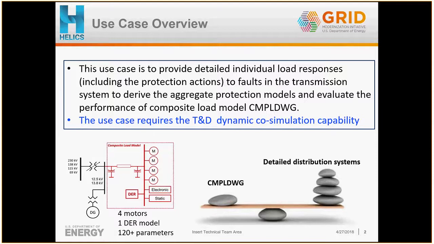This will help fill the gap of the existing lack of detailed measurement and knowledge about how the protection actually works at the individual load level in order to do this kind of aggregation. And as you will see, this case will require the TND dynamic code simulation capability in order to capture both the load as well as the force.